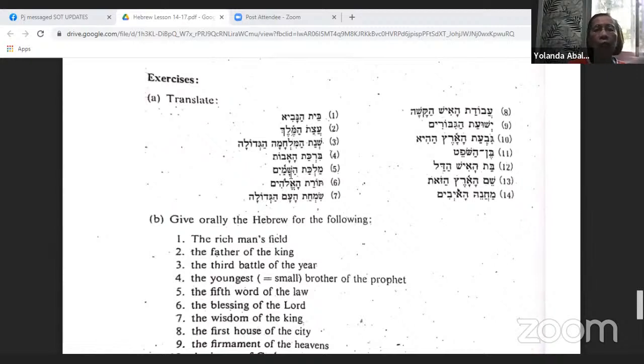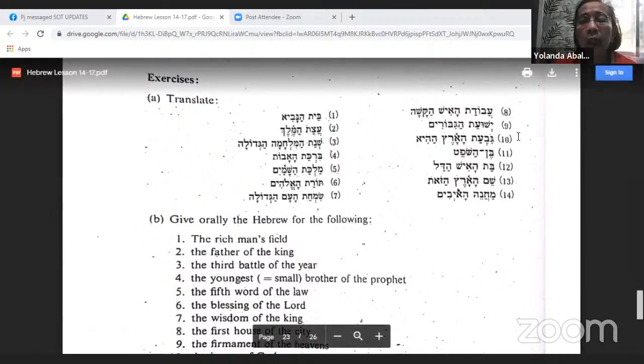Who will rule in the heavens? The sky, the sun, the moon. Torah, the law of Ha-Elohim, of God. God's laws. Simchat, the joy of the people. Hagdola is great. Avodat, it's the heaviness of Haish, the man.